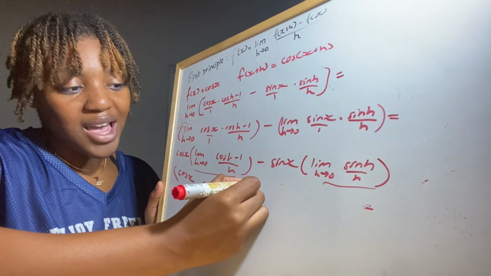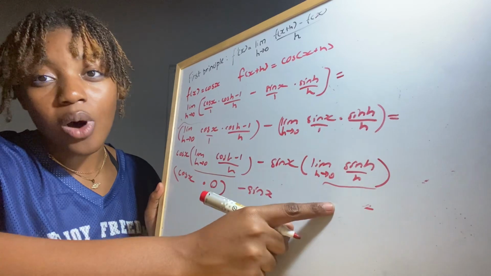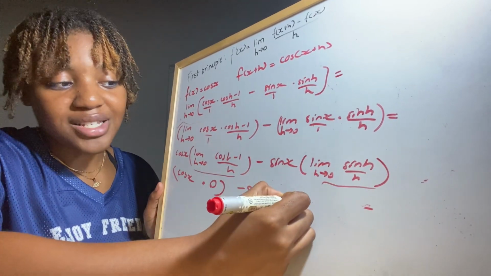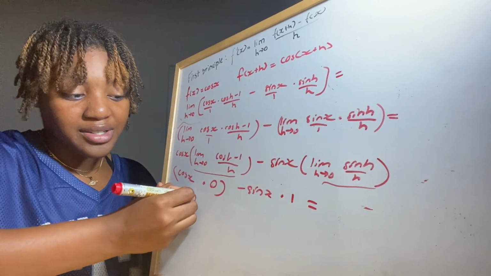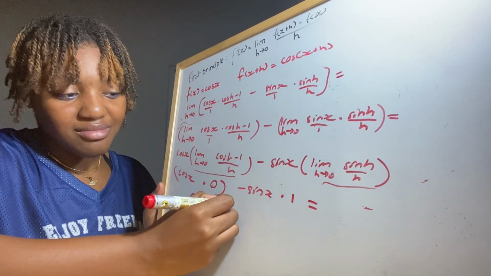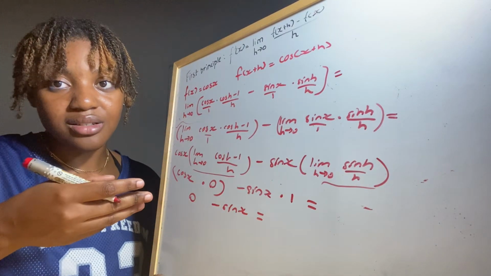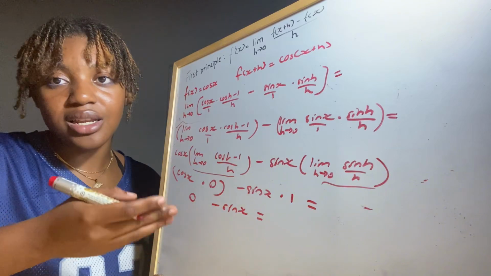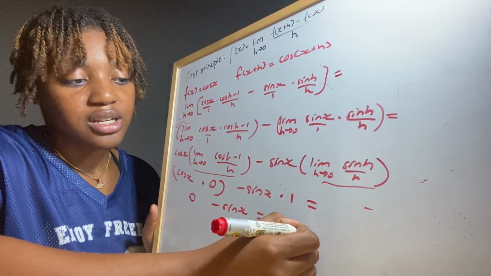Next, we'll have minus sine x, and we know from the special case that this is equal to 1. So we'll have minus sine x times 1. Therefore, since this is going to give us 0, and this is basically sine x, cos x differentiated will give us negative sine x. So the first derivative of cos x is negative sine x.